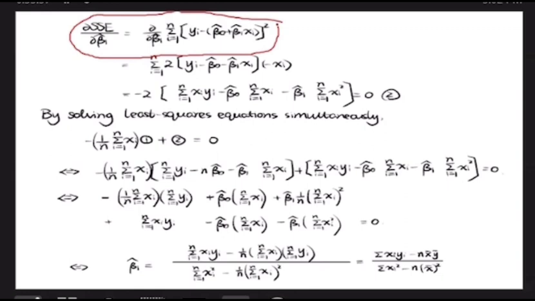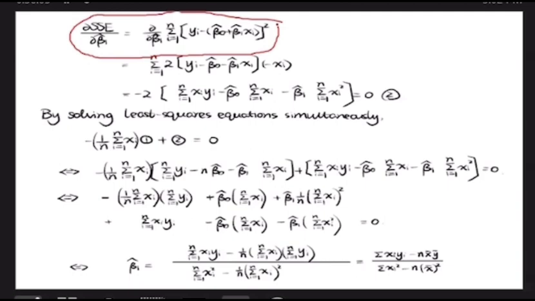So this is going to be summation yi equals n beta naught cap plus beta 1 cap summation xi. Okay, divide both sides by n. This is going to be y bar equals beta naught cap plus beta 1 cap x bar. You see that? Okay, y bar equals that. So that is how we derive it.